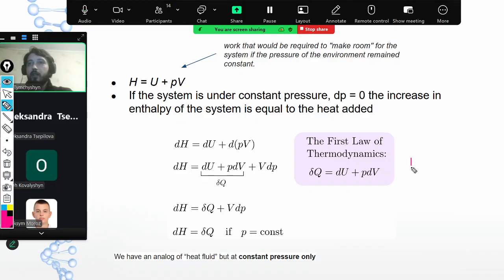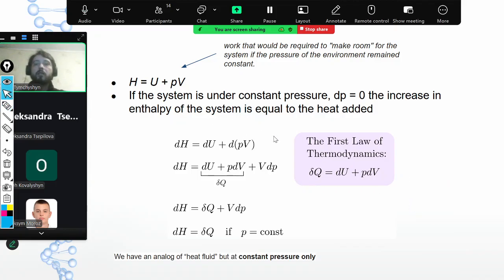So you may think of it like, I don't know, you have here some sort of environment, it has a certain pressure, and I am trying to squeeze in here my system. So I need to, let's say, push away the gas or the liquid, whatever I have here, and if the pressure remains constant, this will be the requirement for the work. So how hard is it to put this system into there?